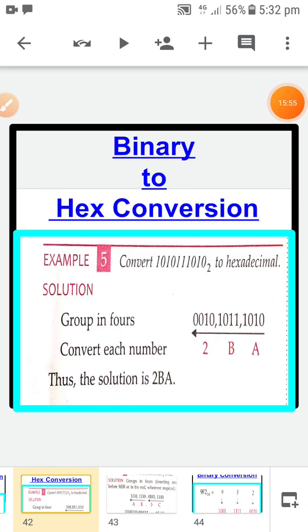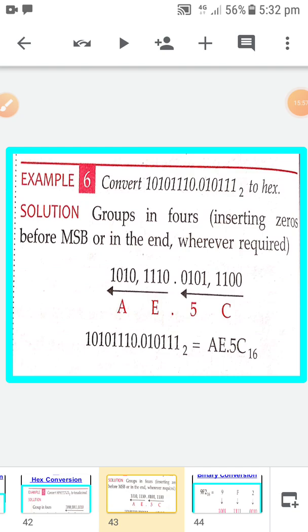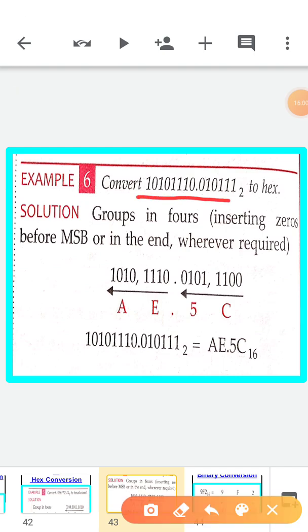Now let's move to the next question. See, the next question again we have in binary, and you need to convert into hexadecimal. So again you have to divide into 4 bit pairs, like this pair, this pair. Now see 0 1 0 1.